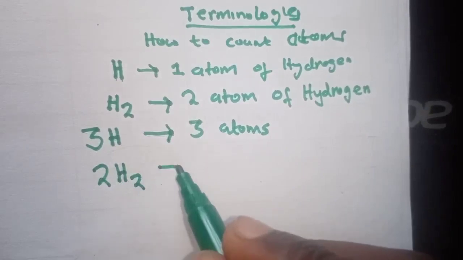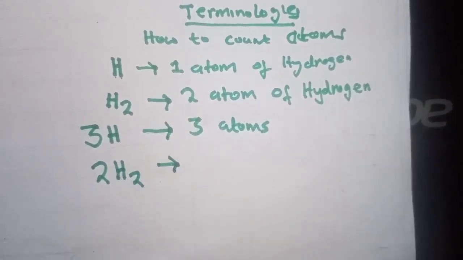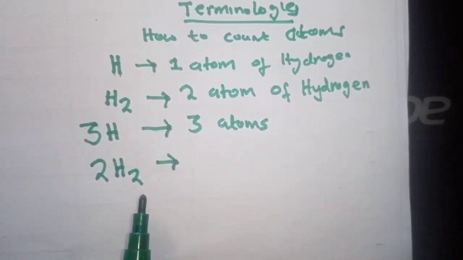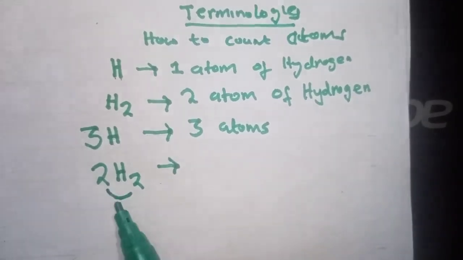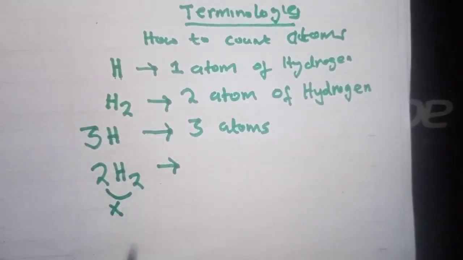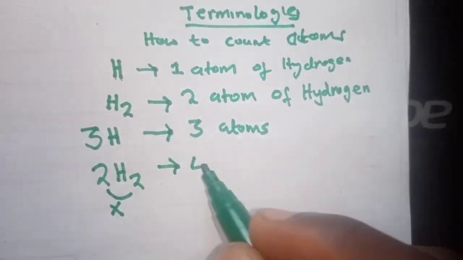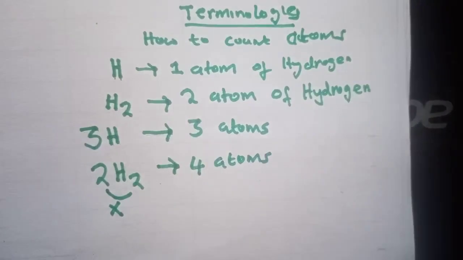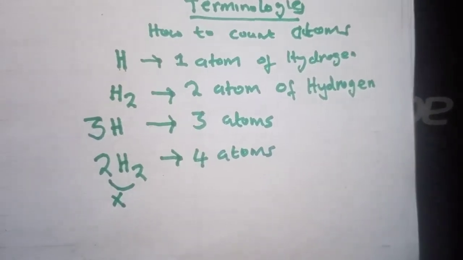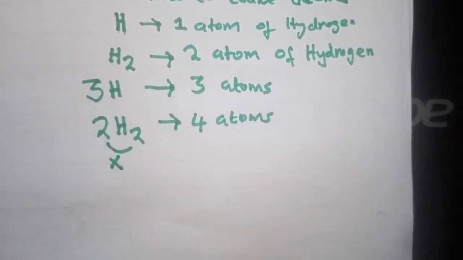How many atoms are here? If you have a coefficient here and a 2 down here, you simply multiply these two. So there are 4 atoms here.